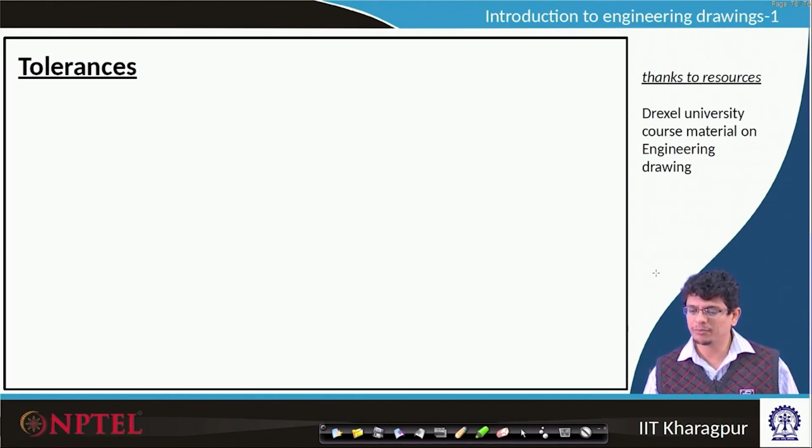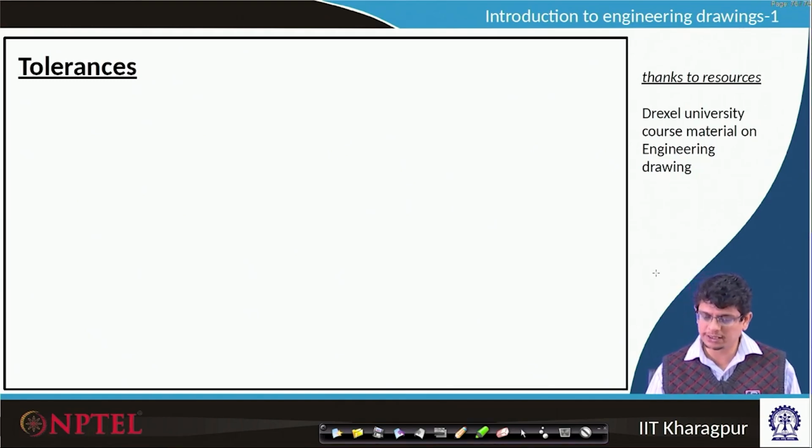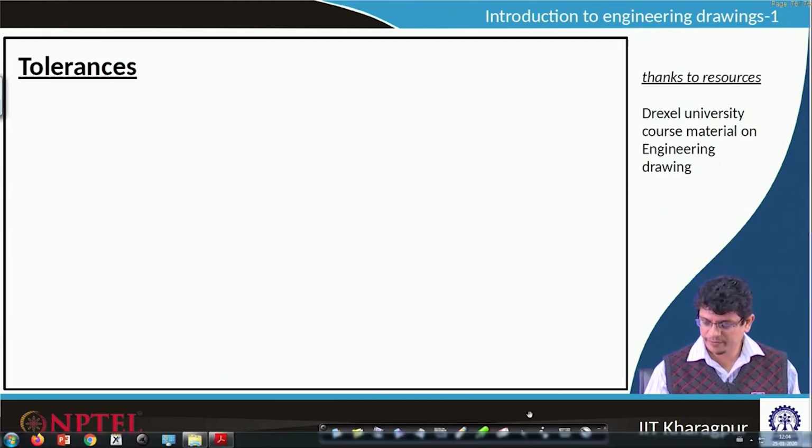So, stating 12 mm or 20 mm is usually not a good idea. It is always good to mention a range, 19.5 mm to 20.5 mm, or perhaps something like 20 plus or minus 0.05 mm. Such kind of dimensions we present are called tolerances. Let us learn more about these tolerances.